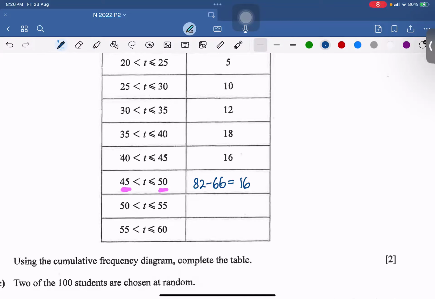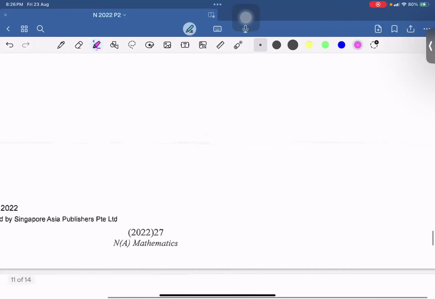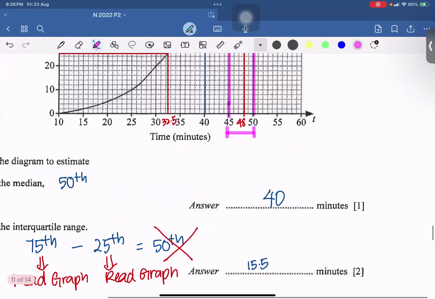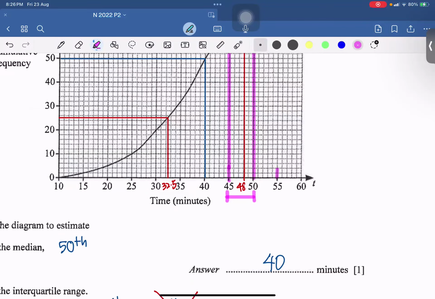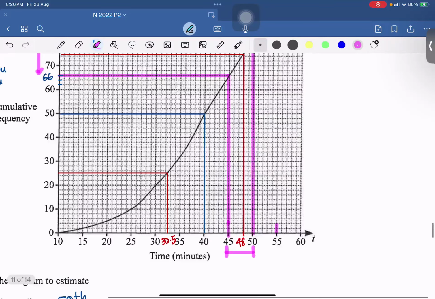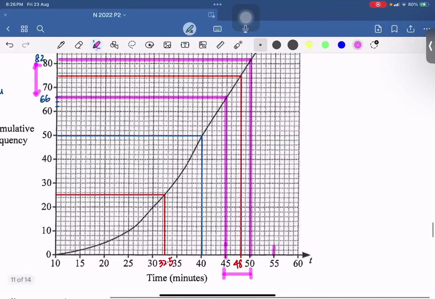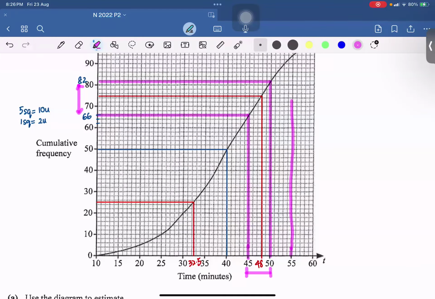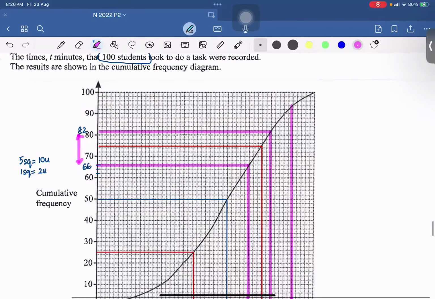Okay, then I continue. I want the next interval, 50 to 55. I already drew 50, which was 82. I'm going to draw for 55. Oh my God, where in the world is 55? Here. 94.